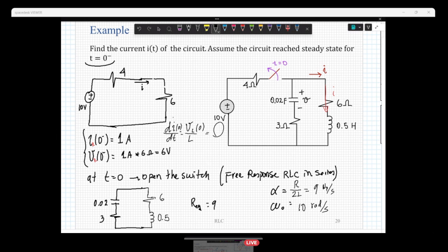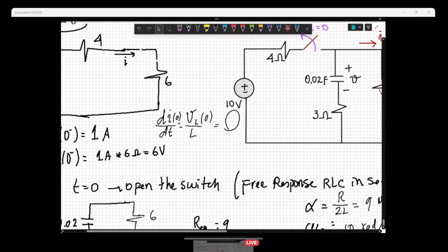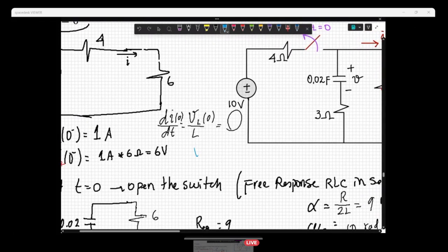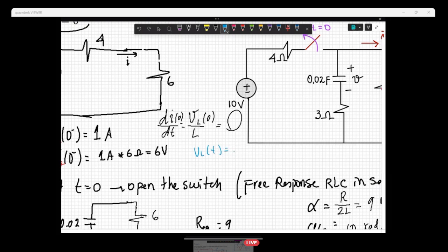I think we're having trouble finding the voltage across the capacitor, but there's another way to do it too. Is that why she didn't solve it here? She just writes 0? Maybe, I don't know. I think it was a later part. I'll point it out when I remember it. Okay, vL(t) is equal to L diL(0)/dt.